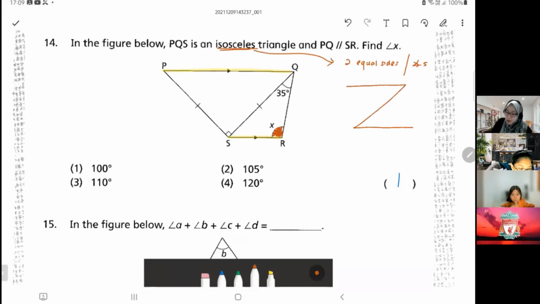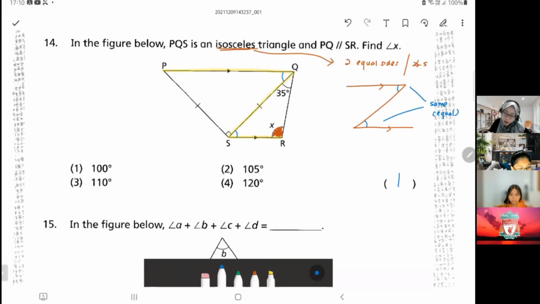This is parallel to this. So this angle and this angle, they are the same. They are equal. Now, if you look at the diagram here, do I have a Z rule? Yeah, I do have a Z rule, which means this angle and this angle, they are the same.